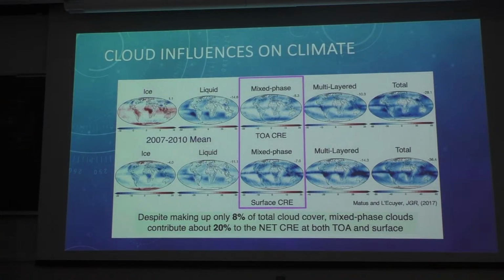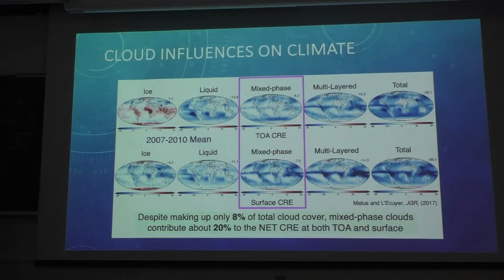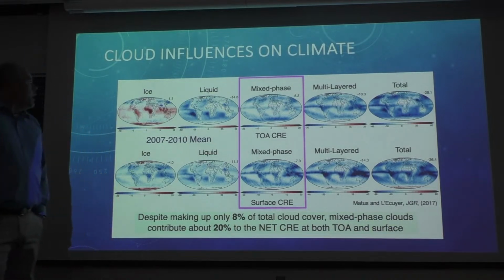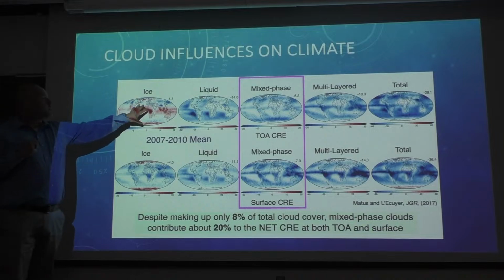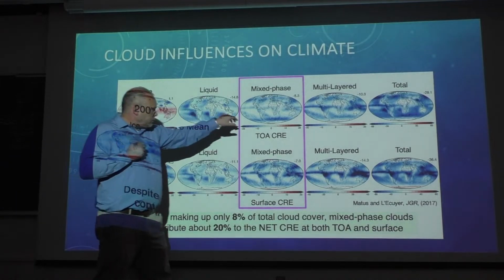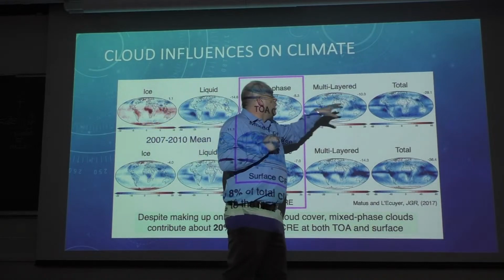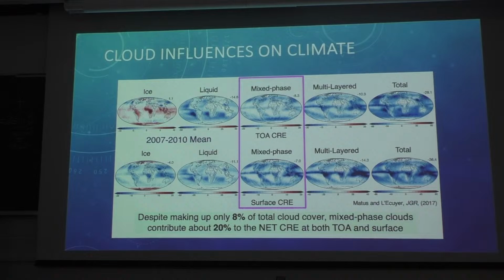Just as one quick example, this is work that I did with a PhD student, Alex Mattis, in a paper in 2017, where we looked at the radiative effect of various cloud types, very simply categorized in terms of whether the clouds were made of ice, made of liquid, had some combination of liquid and ice together, or were multiple layers of distinct cloud, like an ice cloud above a liquid cloud.